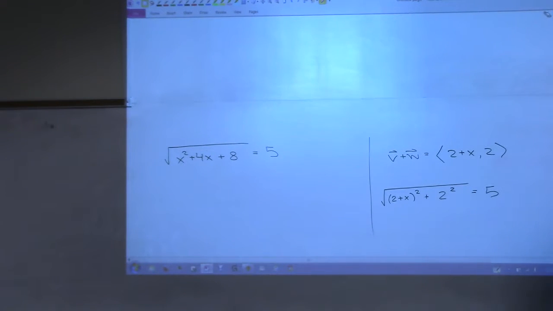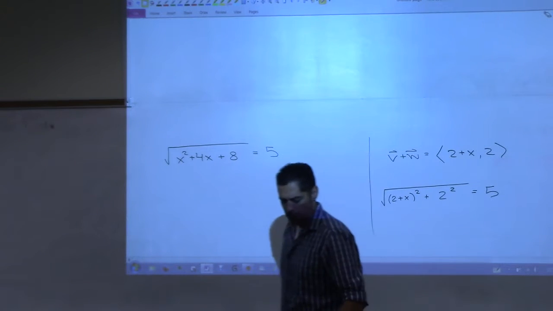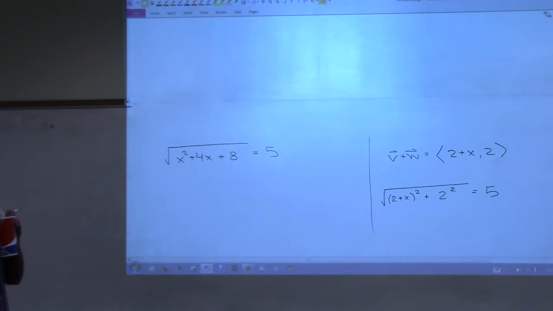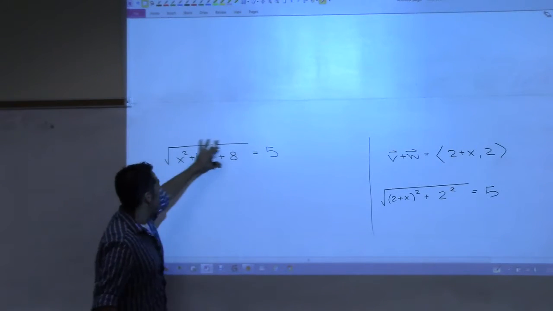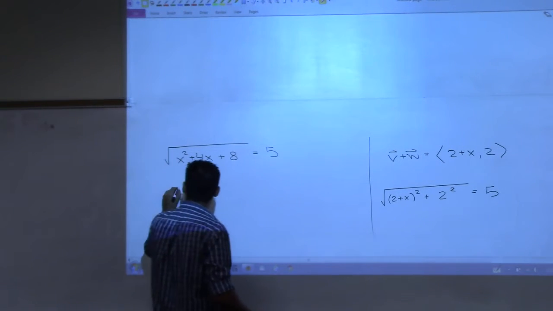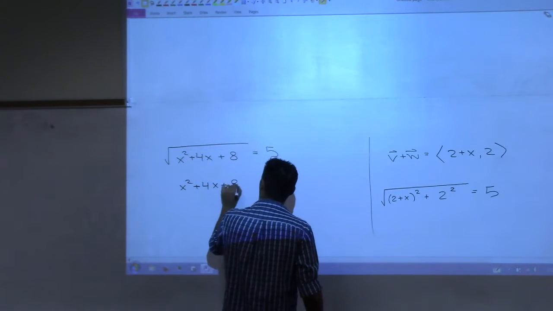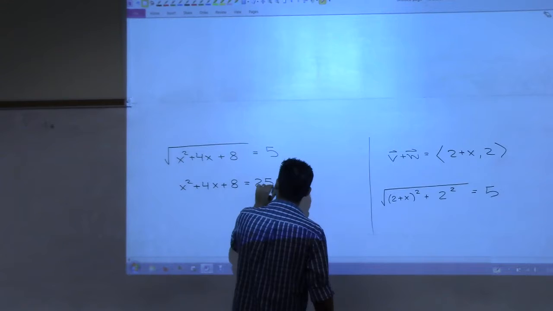How do you solve radical equations? Square both sides. Whenever you have square root equations, you want to isolate the root and then square both sides. So I have this root. It's isolated. Square both sides of the equation. Now, because I squared both sides of the equation, what am I going to have to do at the very end?